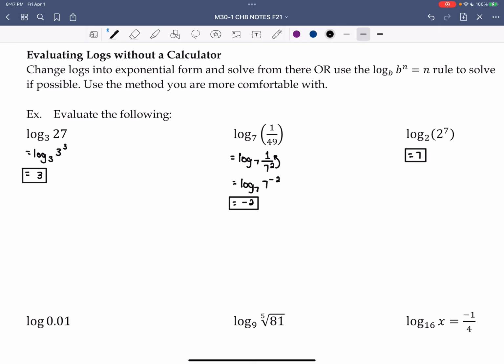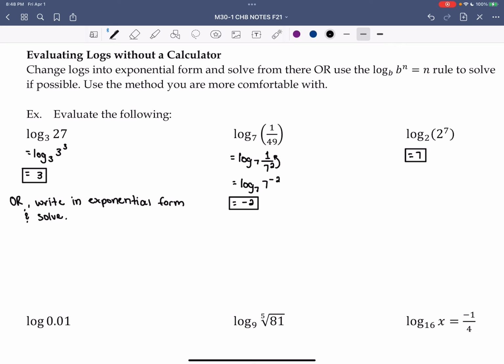Now let's solve the other way. Write in exponential form and solve like we did in chapter 7.